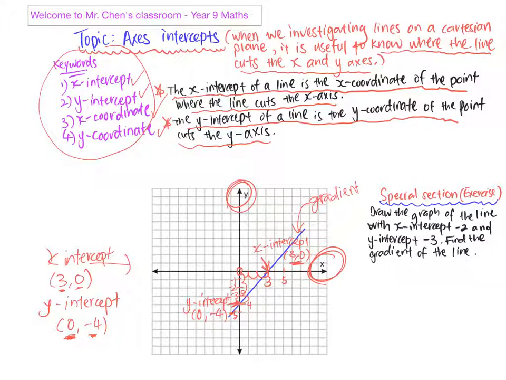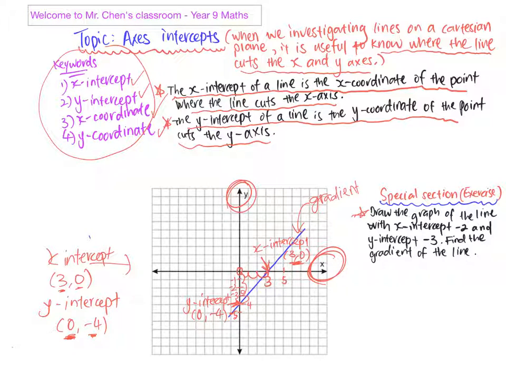Next up, we have a special section, which is an exercise for you. In this one, you need to draw the graph of the line with x-intercept -2 and y-intercept -3, and find the gradient of the line. One thing that I forgot to tell you: if it has a 0 in it, you don't need to write the 0.